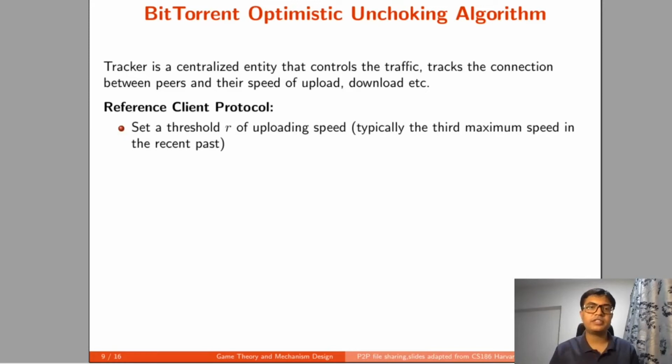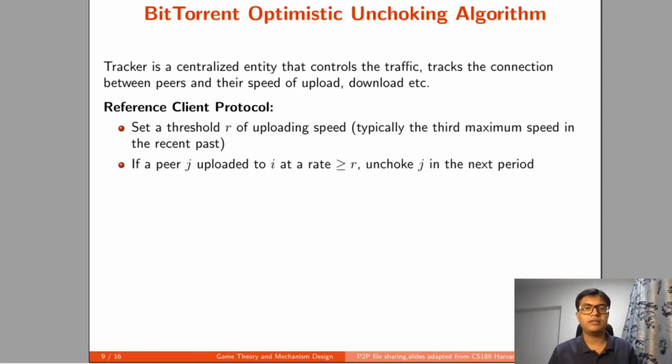Now the reference client, or the standard client that BitTorrent uses, sets a specific threshold R of uploading speed. How this threshold is set typically depends on the implementation. In the most common case, it is the third maximum speed in the recent past. But suppose that is given to you first.